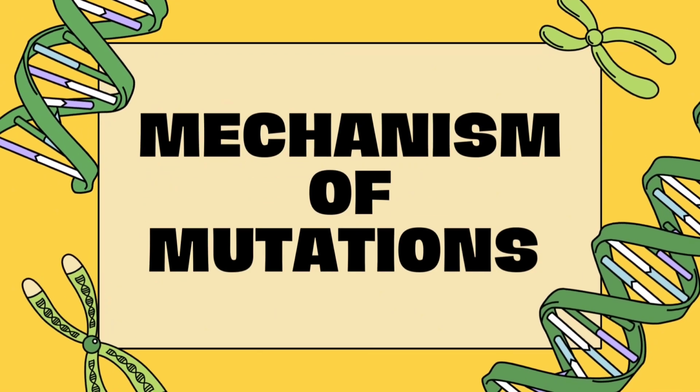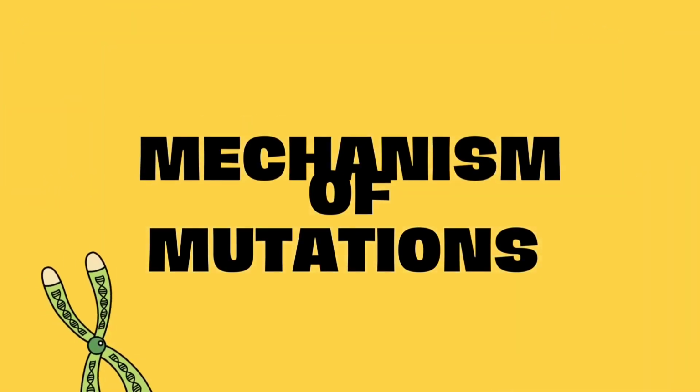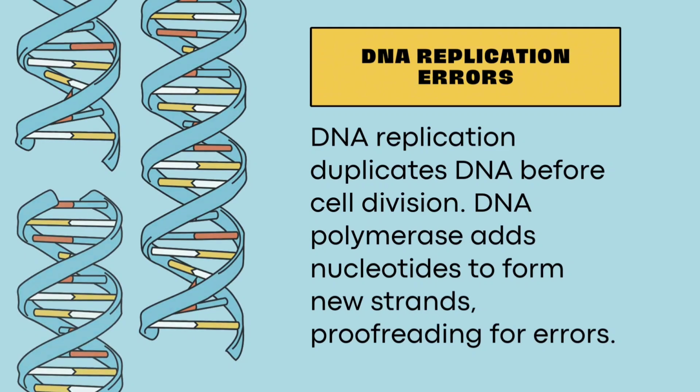Mechanisms of mutations. DNA replication errors. DNA replication is crucial for cell division, where the DNA double helix unwinds and DNA polymerase synthesizes new strands by adding complementary nucleotides. This process ensures that each new cell has an identical copy of the DNA.